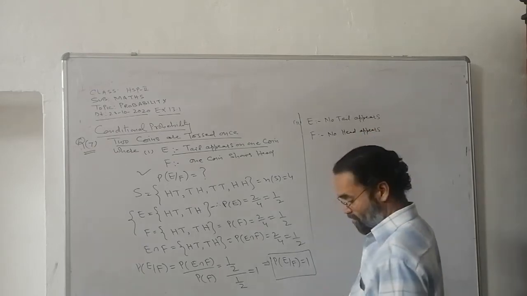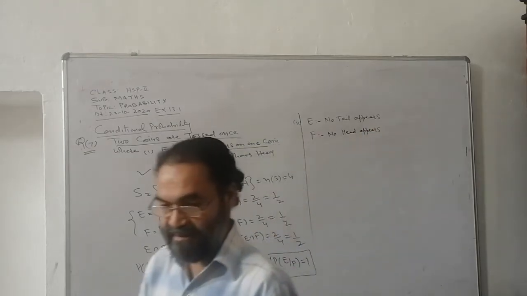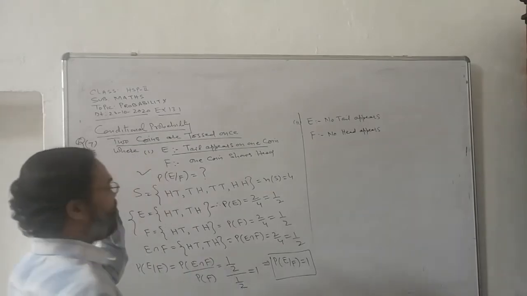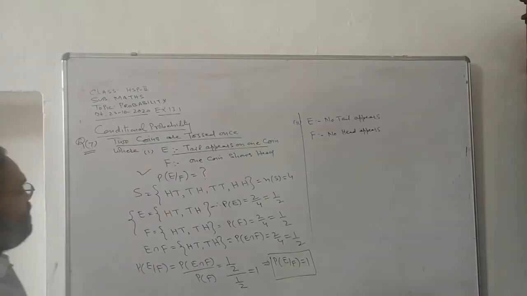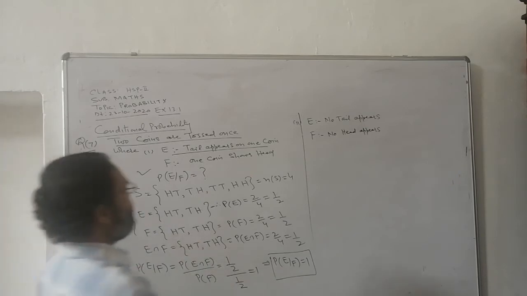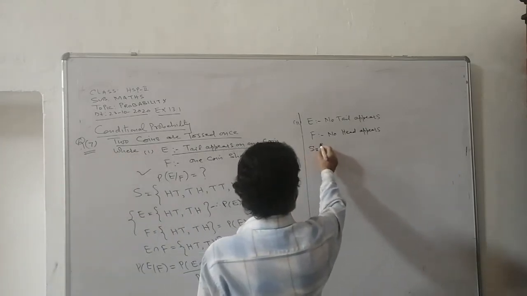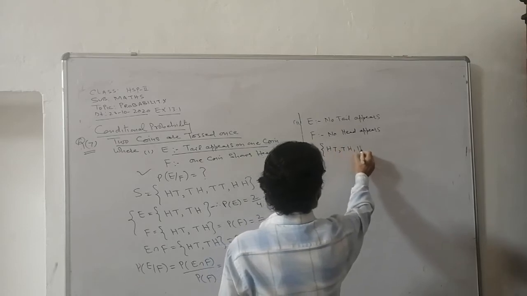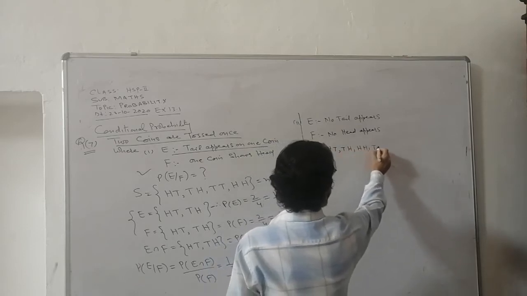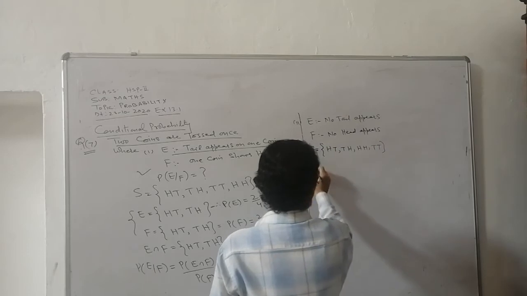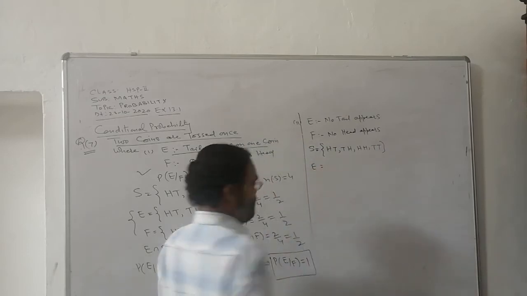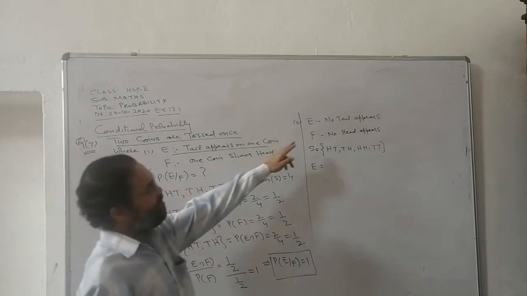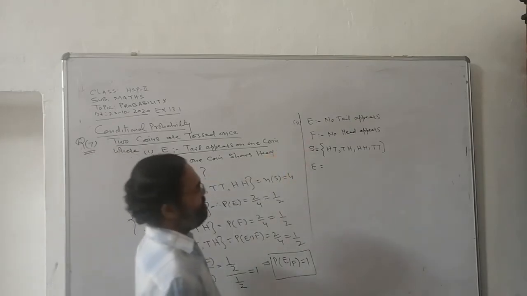These are the two events, and in this case also we have to find the conditional probability. The sample space will be the same. The difference is event E, which in this case is no tail appears.